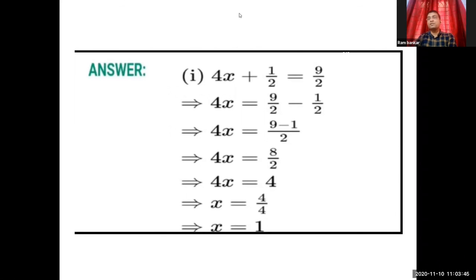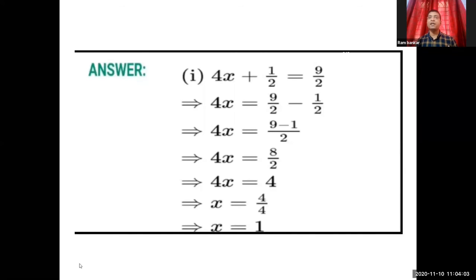The next step is important. Okay. x is equal to 4 upon 4. Look at this, there are two sides. Left hand side, right hand side also. If we take the left hand side, 4x, it is in multiplication form.